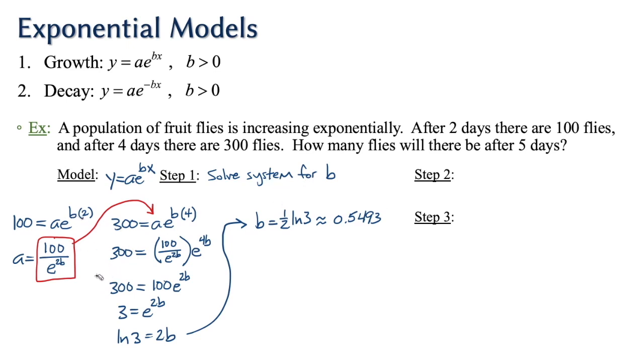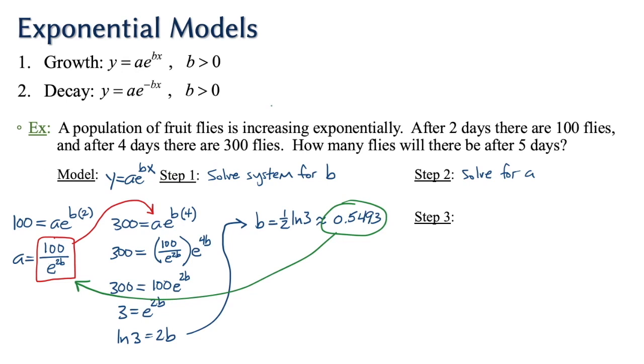Okay, so now that we've solved for b, which as I've demonstrated, I think is a little easier than going after a directly, now for step 2, we solve for a. Because once you find b, you can just take that and plug it back in and get a. And remember, the smart move is to take our answer and plug it right back into where we had that. So we're going to plug it right back into this equation here, because a is equal to something in terms of b there.